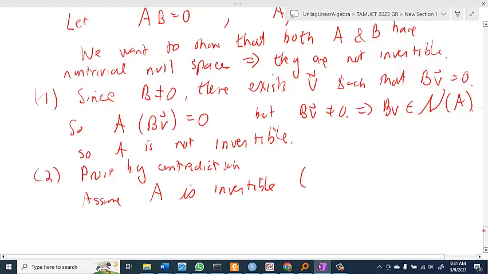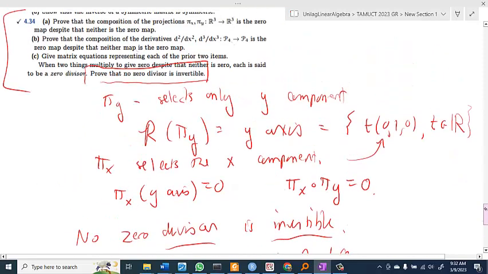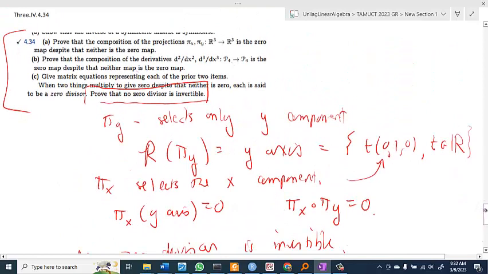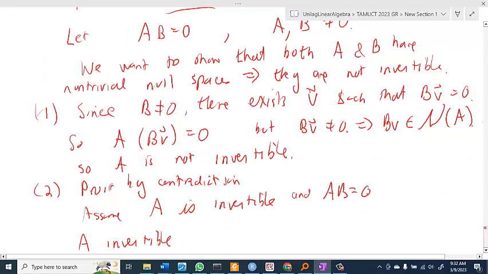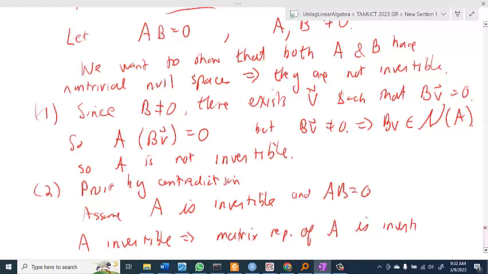We also have to assume the condition that AB is equal to 0. Now, what does it mean that A is invertible? It means any matrix representation of A is also invertible.